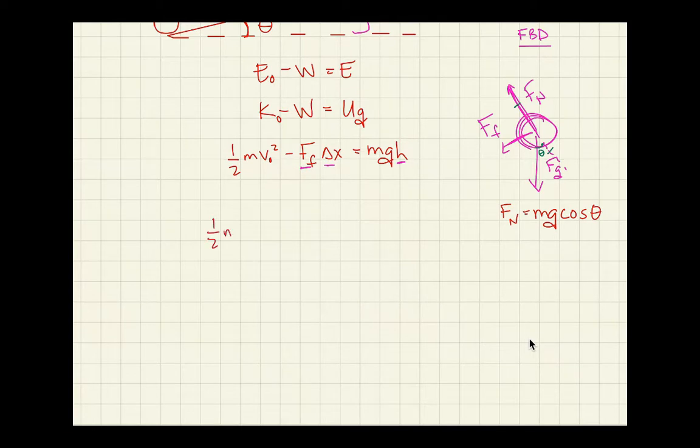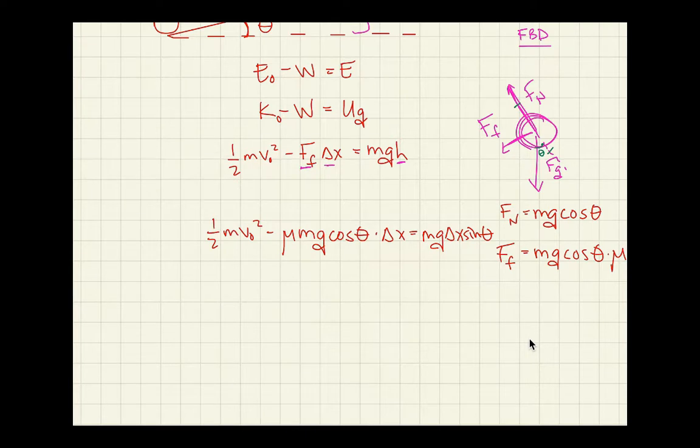One half m v naught squared minus mu times mg cosine theta. That is the force of friction equals the normal force, mg cosine theta, times coefficient of friction, times delta x, equals mg delta x sine theta.